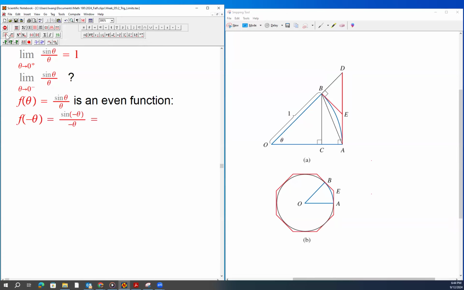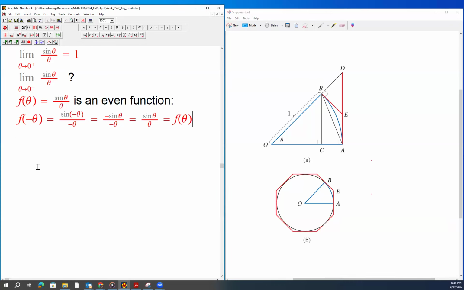Because sine theta itself is odd, that's negative sine theta over negative theta, and that equals sine theta over theta, which is f of theta. So opposite input produces the same output. Therefore, f of theta is an even function.